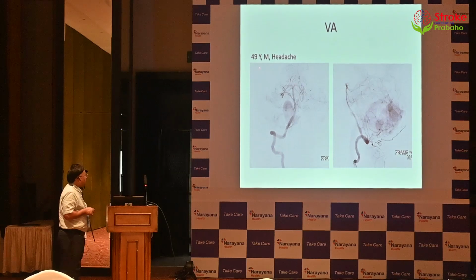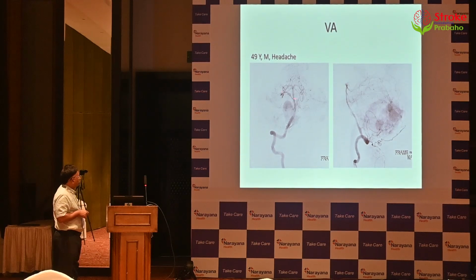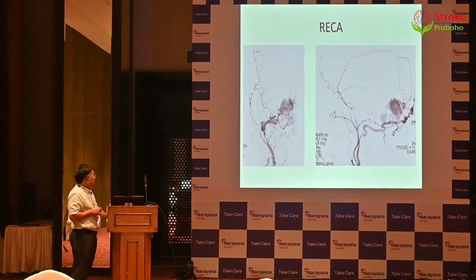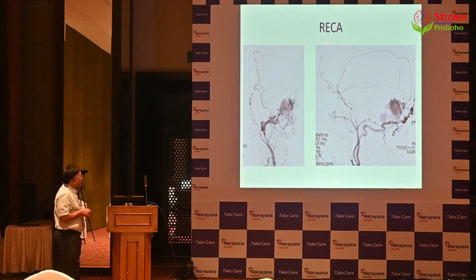So this is a 49-year-old male with headache, and we know the tentorial branch of the superior cerebellar artery is supplying the fistula. This is the right external carotid artery injection. This is the middle meningeal artery supplying the fistula as well as the occipital artery.